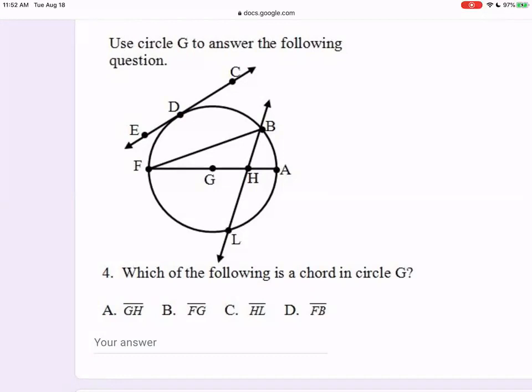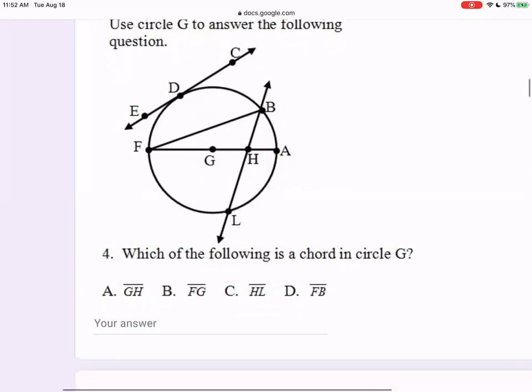So take a look at FB. FB starts on F, which is on the outside of the circle, ends on B, which is on the outside of the circle. So FB starts and ends on the outside. That is what we want. So the answer is D.